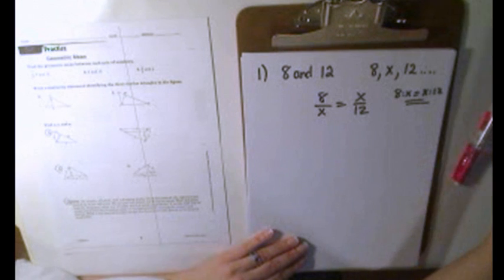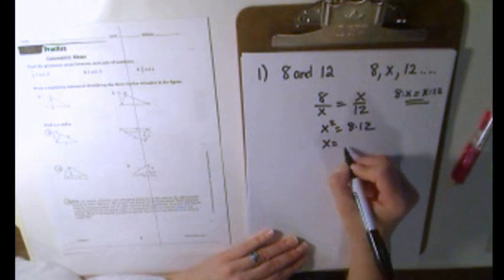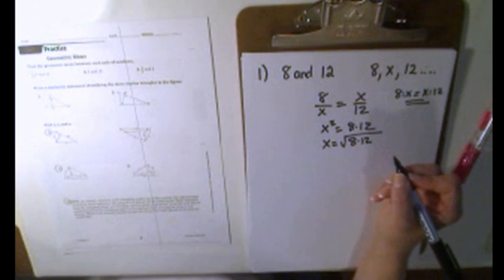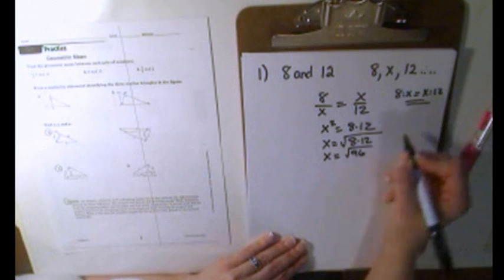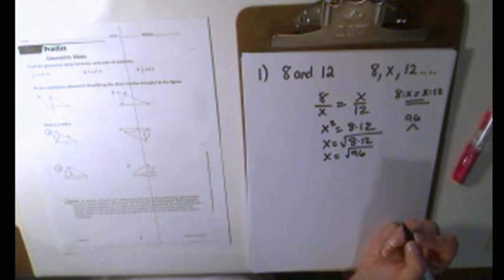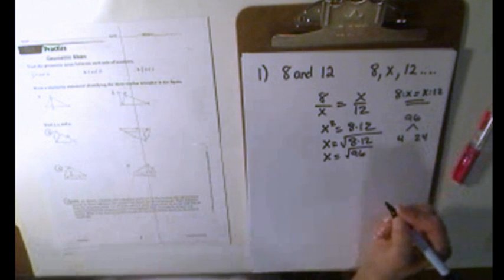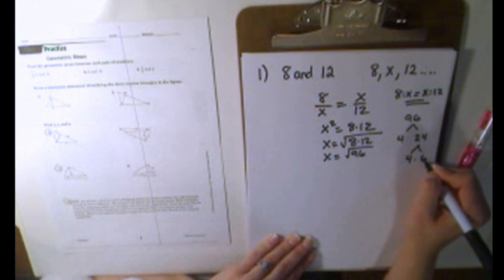Okay, so here we go. If we solve this, x squared equals 8 times 12. In this case, we are going to do the square root of 8 times 12 to see what the answer is. That's 96. I'm going to do a radical and a decimal answer. That's 4 times 24, which is 4 times 4 times 6.